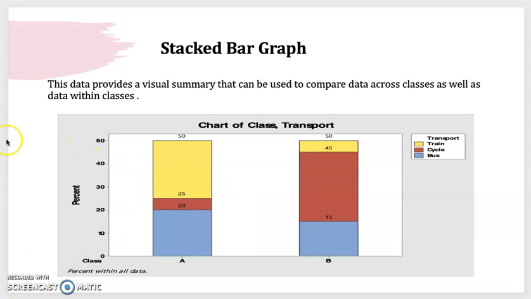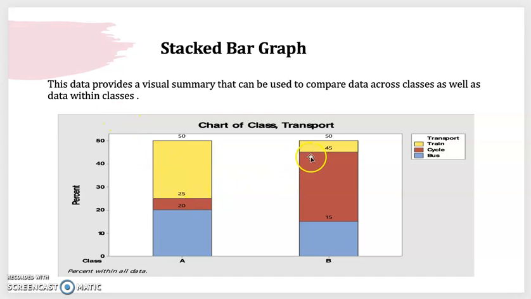And still, using the cluster bar graph, you also can have the stack bar graph. Instead of three different bars, we're only using one bar, but we have different modes stacked together, one by one. This provides a visual summary that can be used to compare the data across classes as well as within the classes.